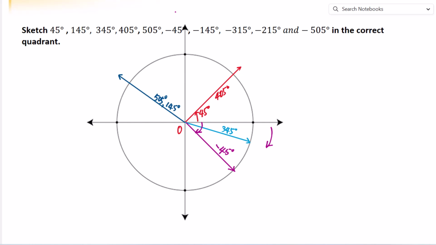-145 degrees. Clockwise from a positive x-axis is -145 degrees. -315 degrees.